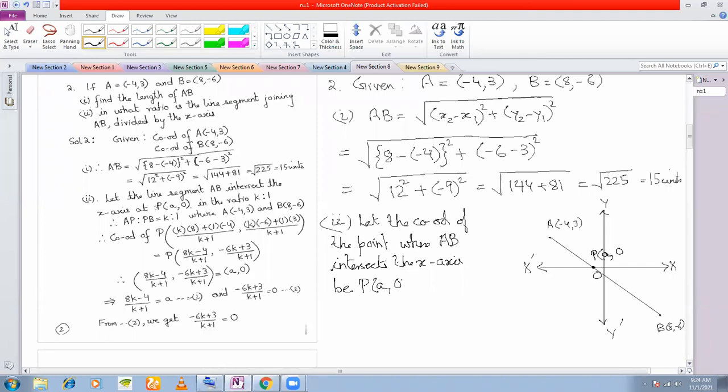So (a, 0). Okay, so the coordinates of P we have taken as (a, 0).